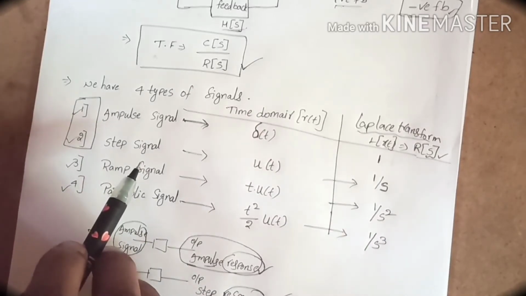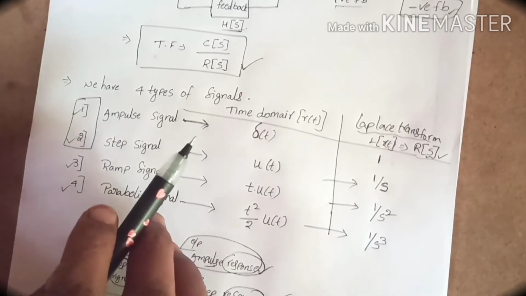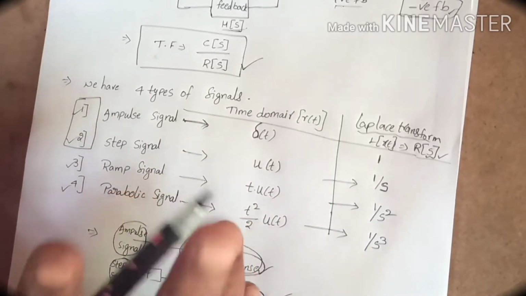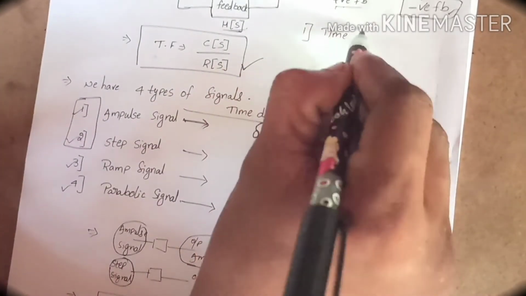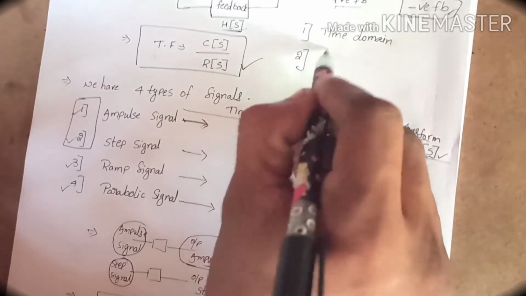In the last class we discussed that every system or every signal can be represented in 2 domains. The first one is the time domain, and the second one is the frequency domain.